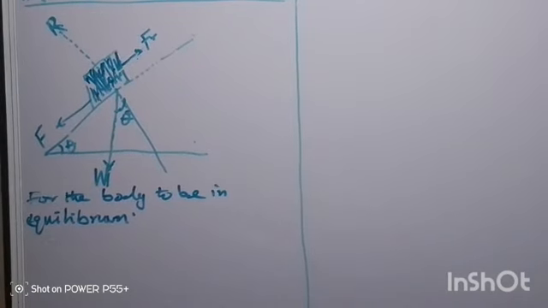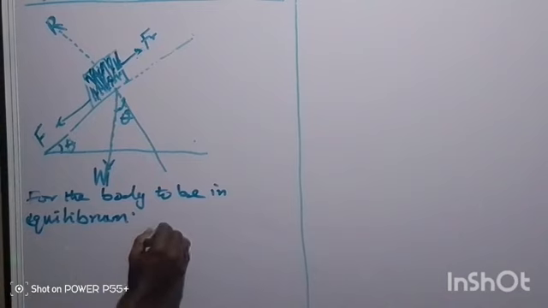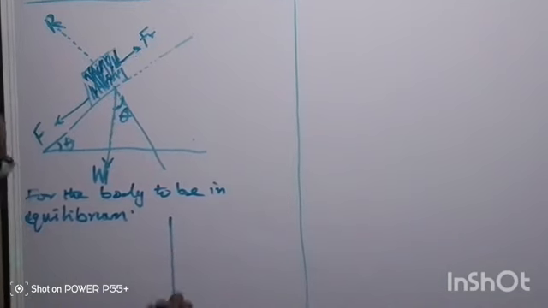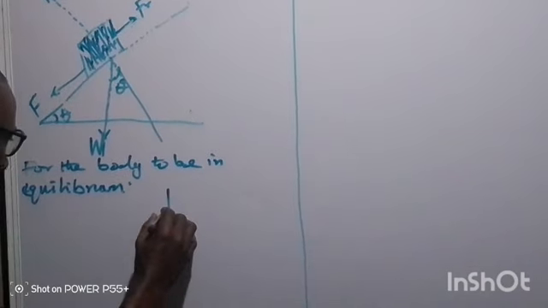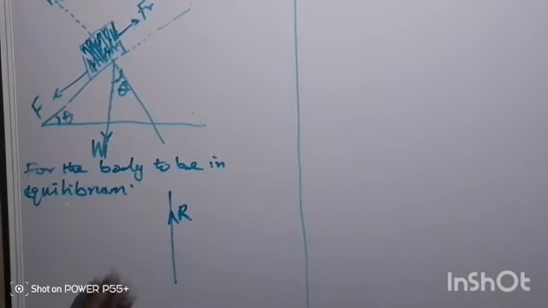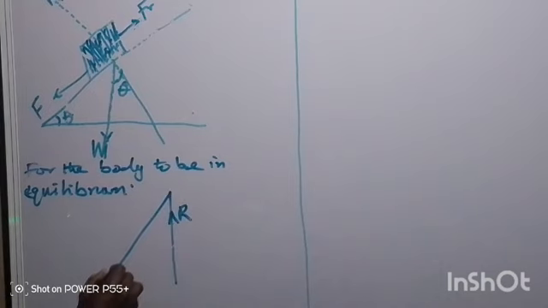Let's now resolve it into vertical and horizontal components. If you want to resolve this, you take it like this. As I said, normal reaction must be perpendicular to the surface. This is our R. Then the weight of the body acts downward.